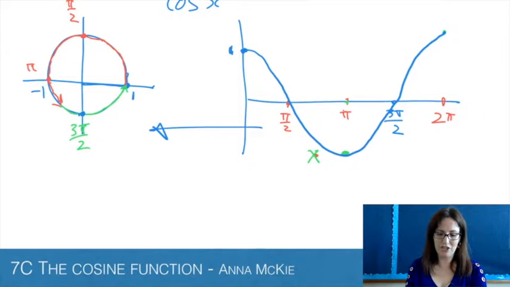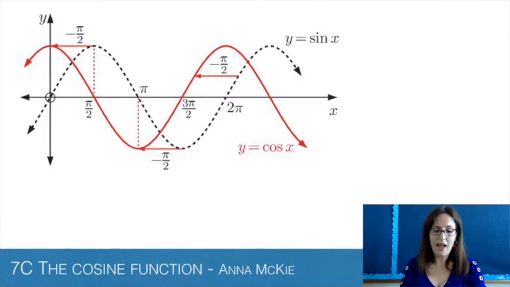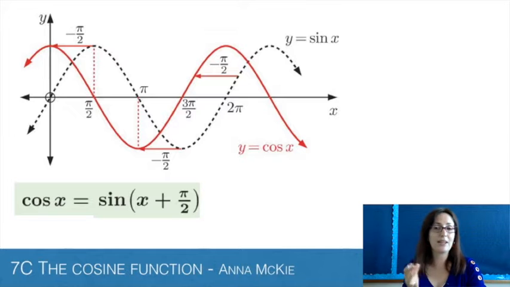So doing a few questions here. Just looking at the relationship with sine, you'll notice that they've got the same shape and that cos is actually the sine curve with a translation involved. So it's had a shift of pi on 2.